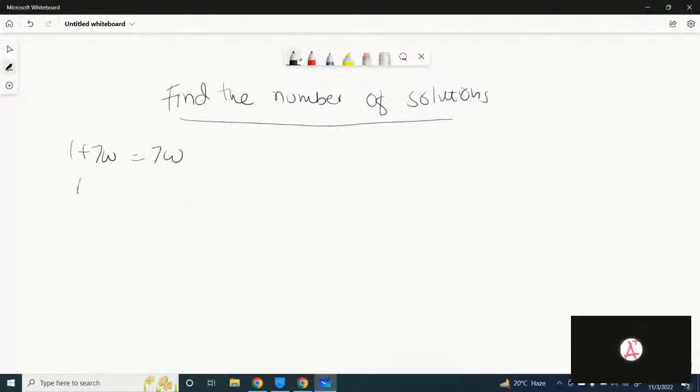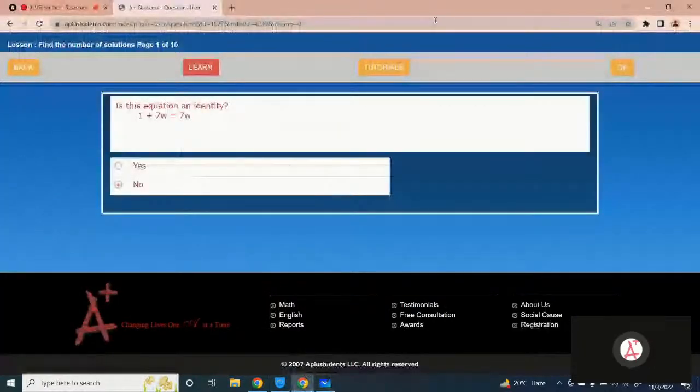Move that 7w to the other side, it would be 7w minus 7w and it makes 0. So 1 equals 0? No, so the equation has no solution. Got it? Select the correct option and click on the OK button. It has no solution. Got it?